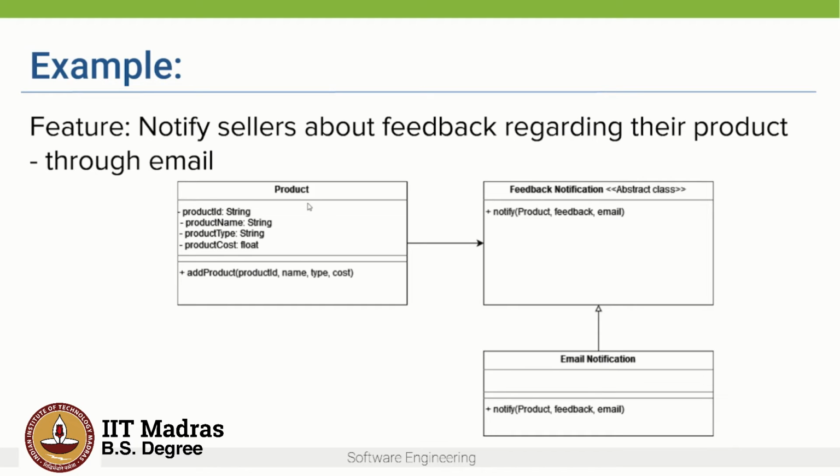So we have a product class and we have an abstract class known as feedback notification, which has an abstract method called notify, right? And the email notification class extends the feedback notification class, and the notify method here actually implements the feature of notifying sellers about the feedback through email.